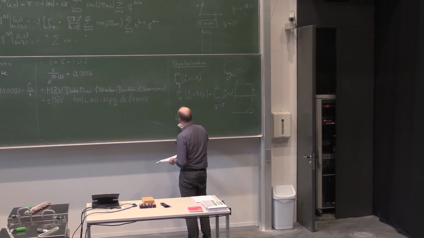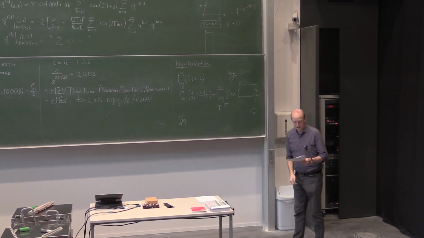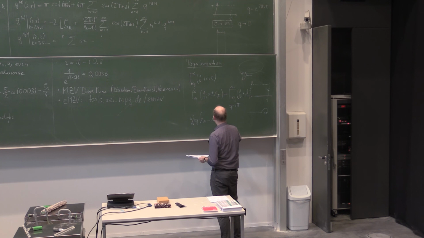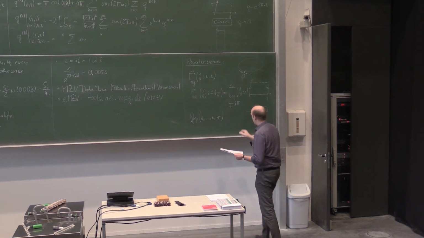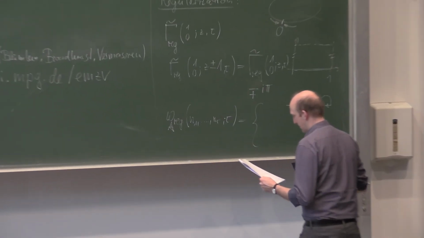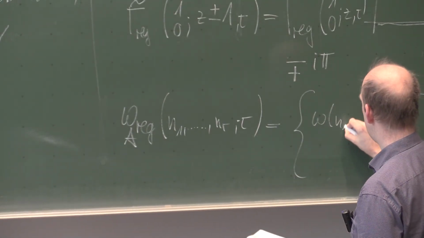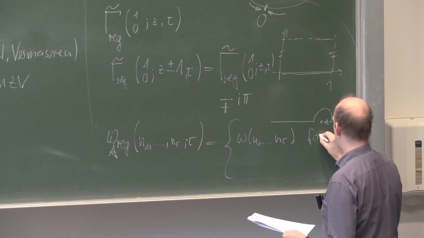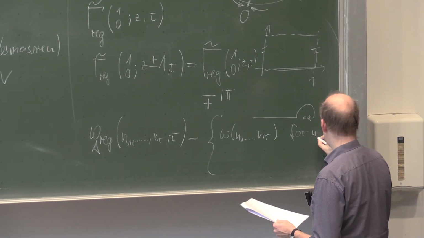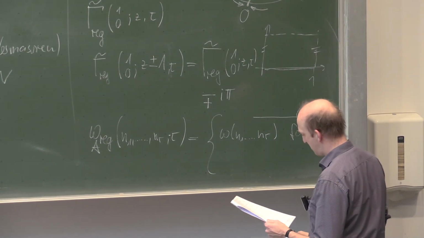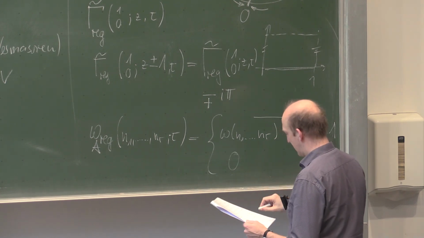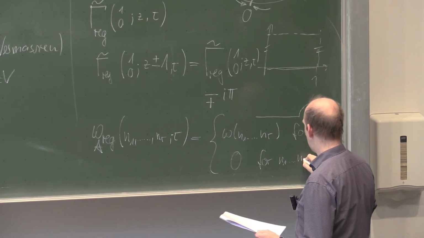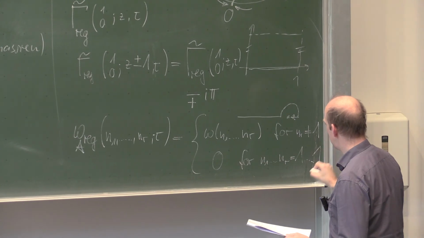So the omega A regulated multiple zeta value of n1 to nr of tau is either omega of n1 to nr as long as n1 is not equal to 1, and 0 for all the n1 to nr equal to 1.